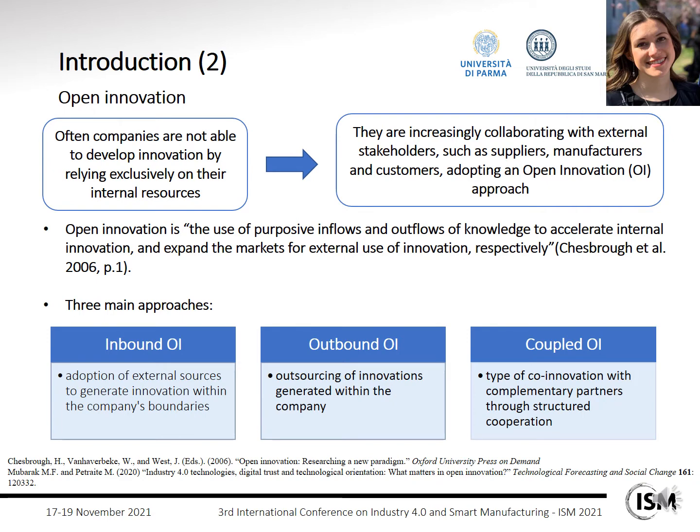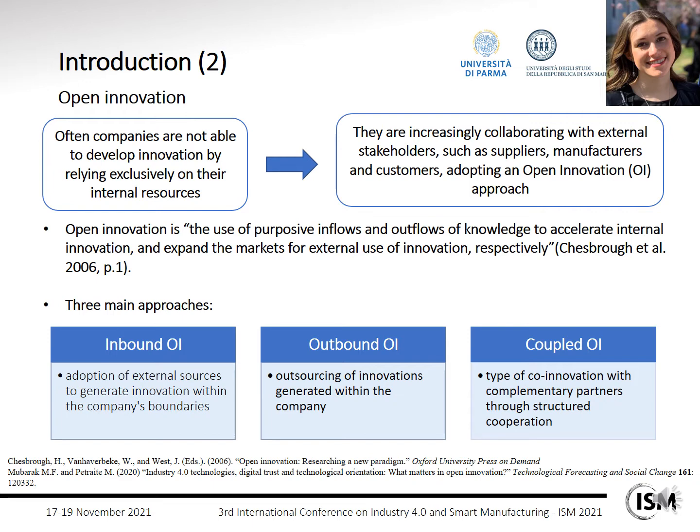The inbound process is based on the adoption of external sources to generate innovation within the company's boundaries. So, for instance, through collaboration, maybe with universities or research centers. So this is the inbound process of open innovation.